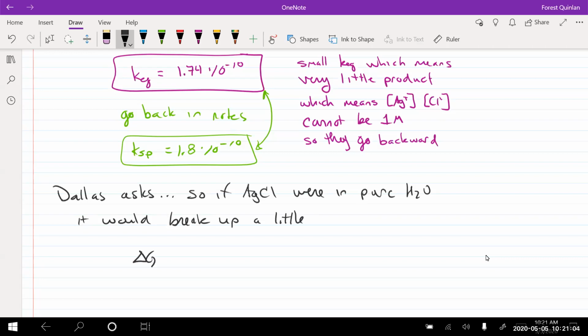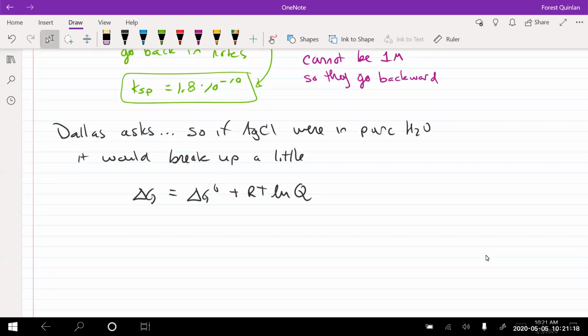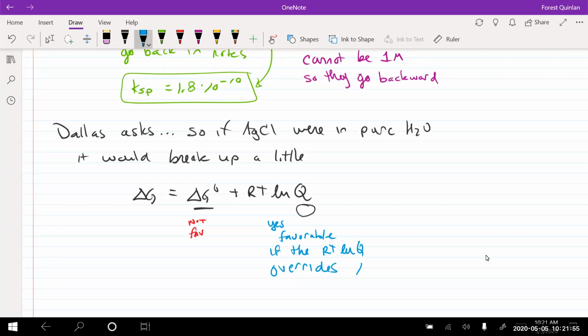Well, remember, that's delta G equals delta G naught plus RT ln Q. So what you do is you figure out just what is the delta G naught, and then how far away do we have to be such that this is unfavorable, so this is not favorable, and this is yes favorable, if the RT ln Q overrides delta G naught.